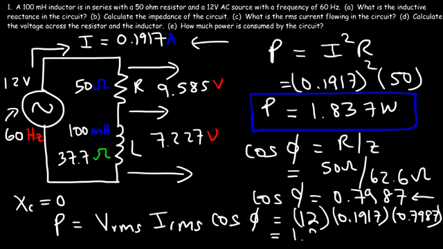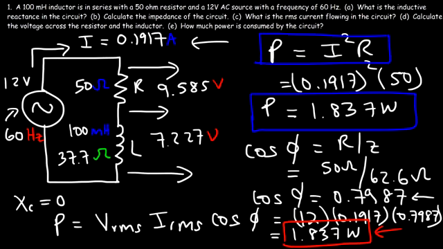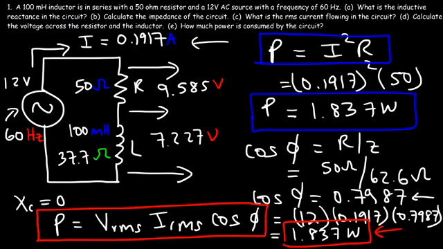And so this gives you the same answer, 1.837 watts. So those are the two ways in which you can calculate the power consumed by the circuit. You can calculate the power absorbed by the resistor using the formula I squared R, or you could use V times I times the power factor cosine.